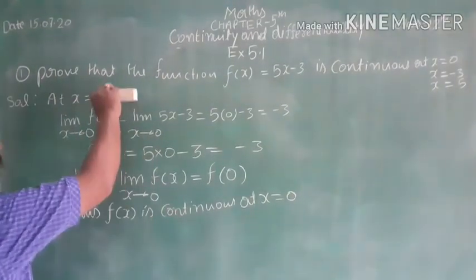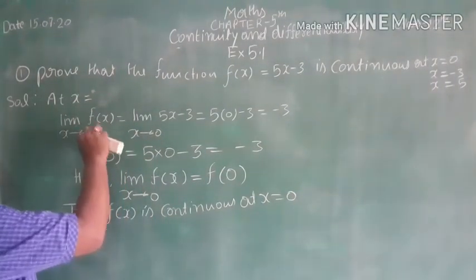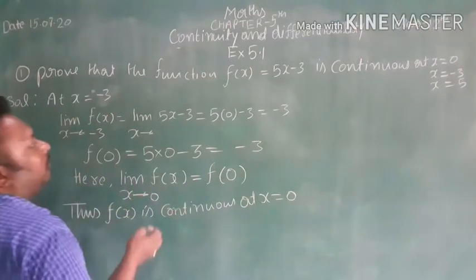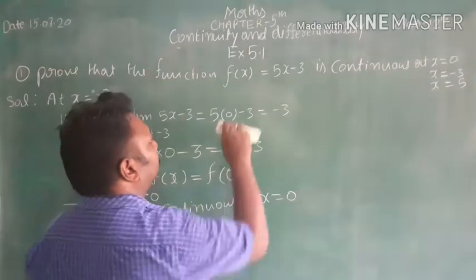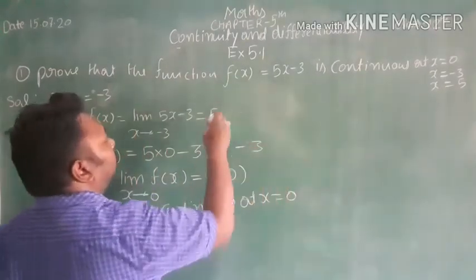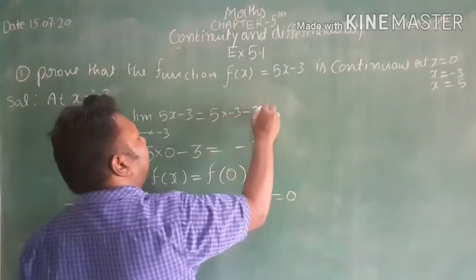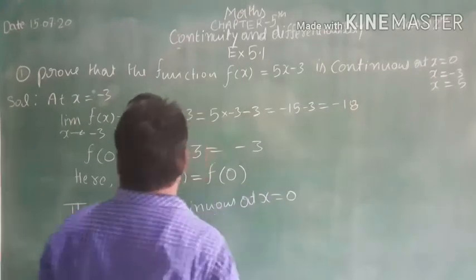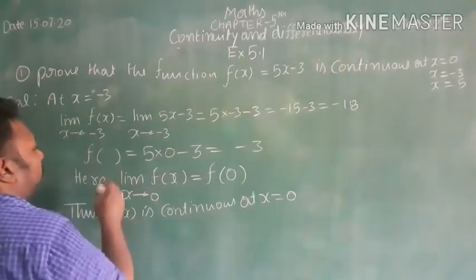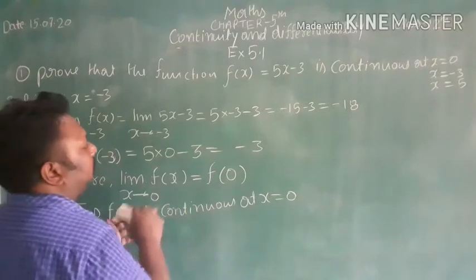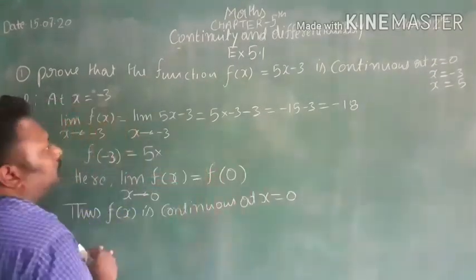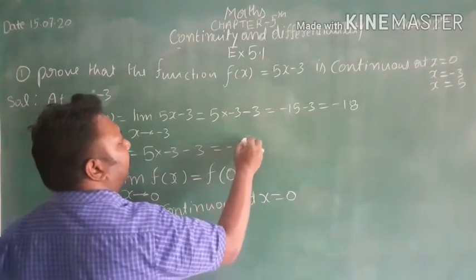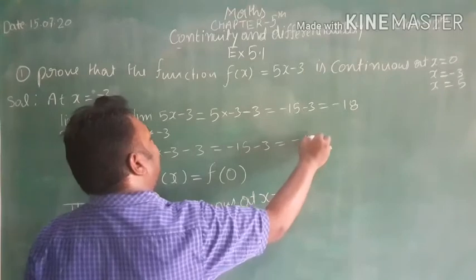Then 5 into minus 3 is minus 15, minus 3, minus 18.